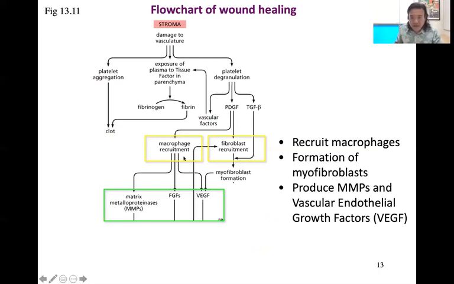So you get the recruitment of macrophages, and also the recruitment of different fibroblasts to lay down new connective tissue there. These generate a lot of enzymes like matrix metalloproteinases, so MMPs. Right? So as the name implies, these are enzymes that break down proteins, proteinases, and they utilize different metal ions in order to have the right shape to function.